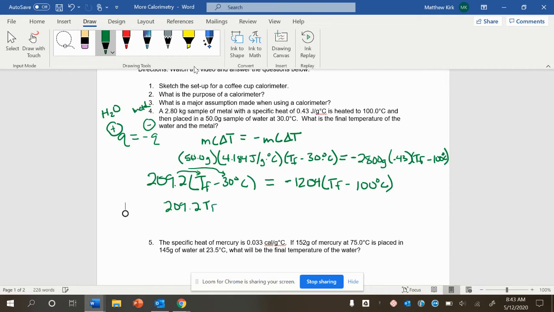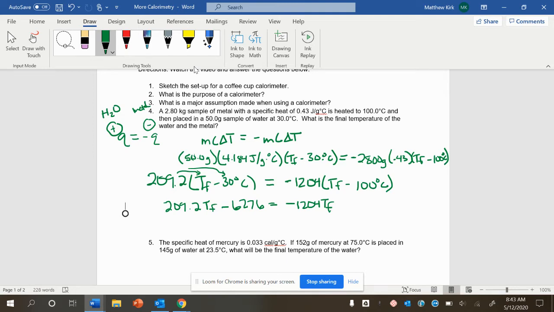So I get 209.2 times that final temperature, and 209.2 times 30, that'll be minus 6276. It's going to equal negative 1204 times the final temperature. And then don't forget, guys, distribute that negative sign.